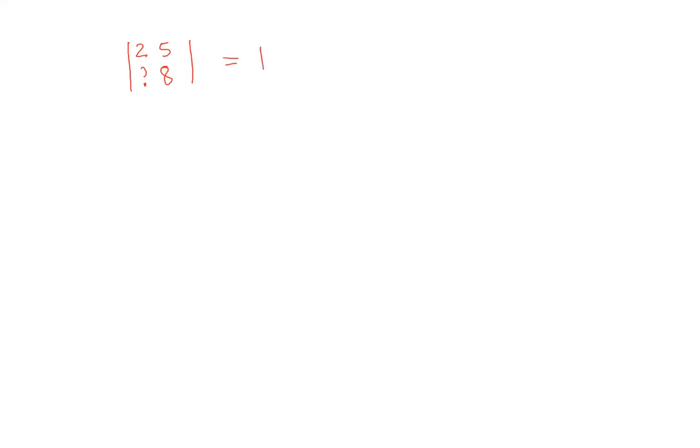Okay, so try to answer this and give it to me as your attendance question for today's attendance. So what number should we put there so that we're actually getting determinant equal to 1? Okay, very correct. The answer is 3.